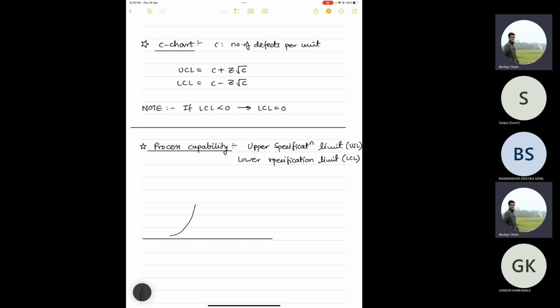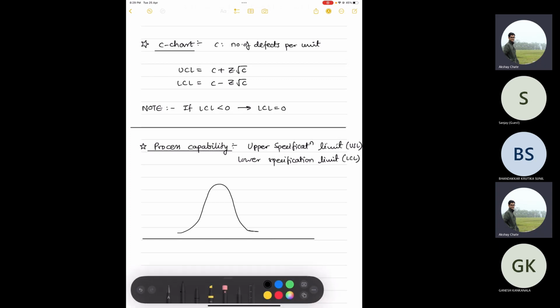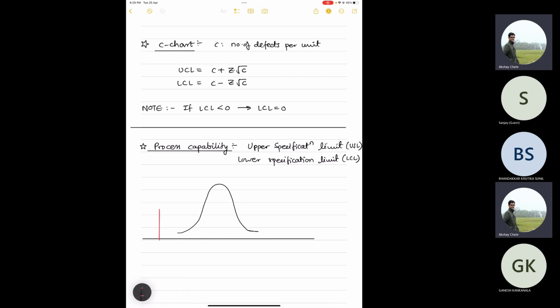You will have your variation from your process, which is your process variation, and then you will have your specification limits. So this will be your LSL and USL.